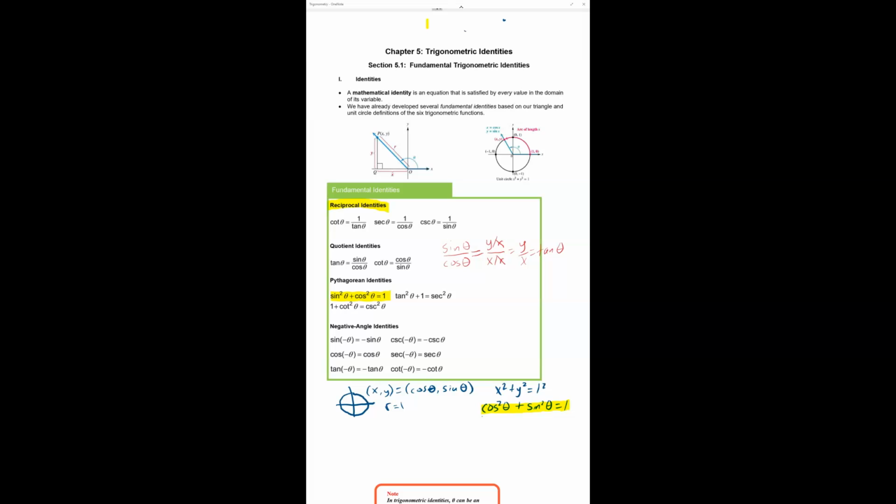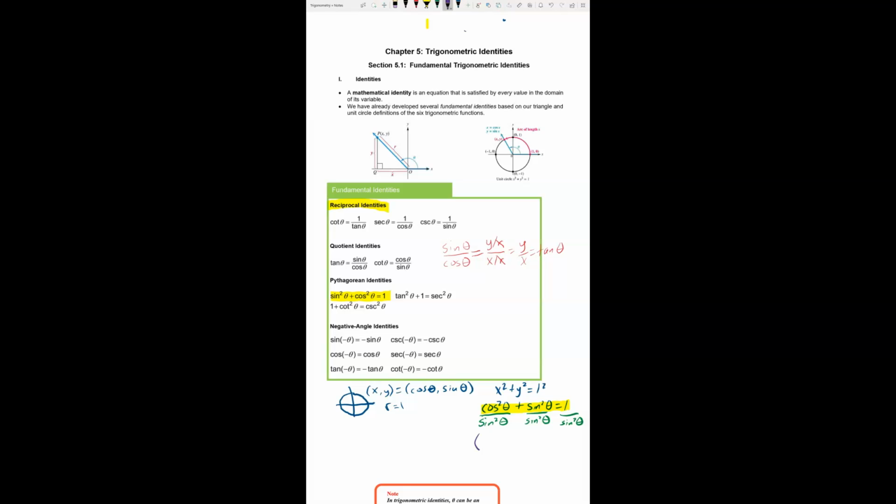Now, to get the other Pythagorean identities, all we have to do is take the basic Pythagorean identity and divide each term by sine squared theta, for example. Looking at the first term, we notice both the numerator and the denominator are squared.